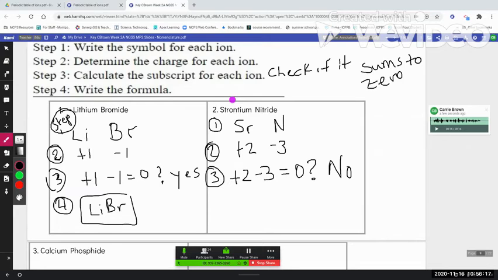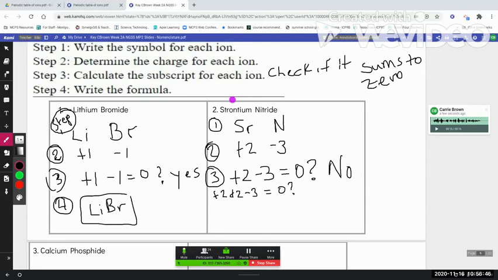And if no, then I'm going to start adding in the number of charges. So I'm going to add one of my positive ion and then see if that balances out, and just keep adding one of each type. So if I do +2, +2, and a -3. So I added one more strontium. Does that equal 0 now?